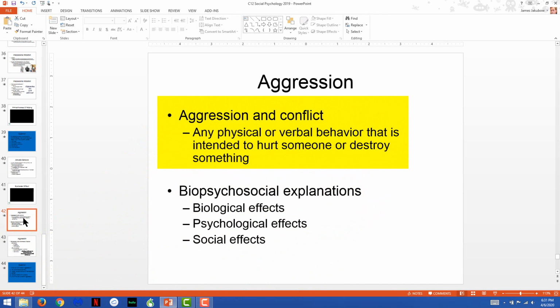Aggression is also a fairly straightforward topic. Aggression is generally defined as any physical or verbal behavior that's intended to hurt someone or destroy something. That is a very easy process to understand.